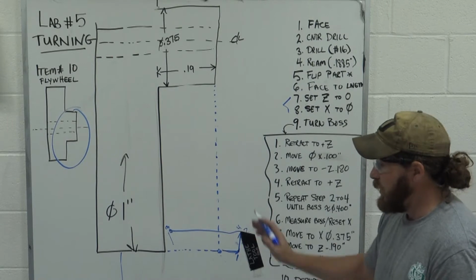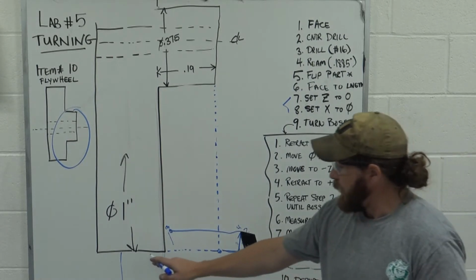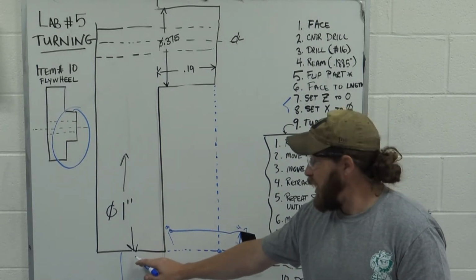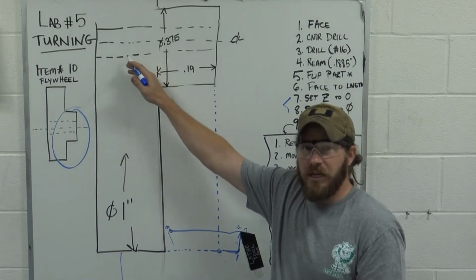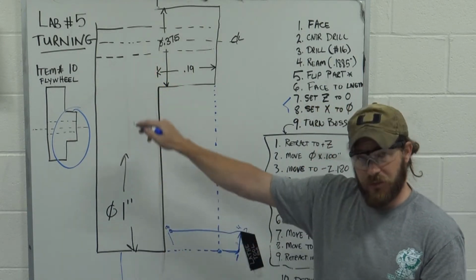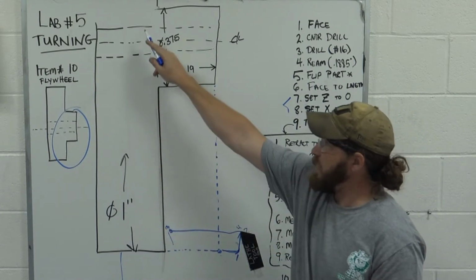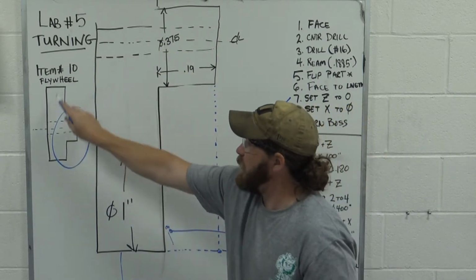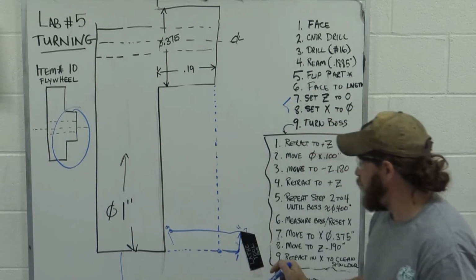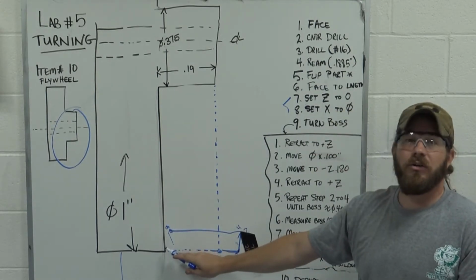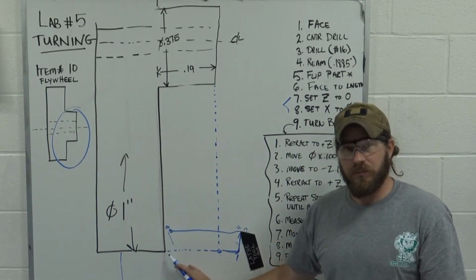All right? So, what you've just done, when we touched off, our piece right here is a 1-inch diameter. Right? 1-inch diameter, the whole piece. From here to here, 1 inch. And what we did is we just took 100 thousandths off of that diameter.